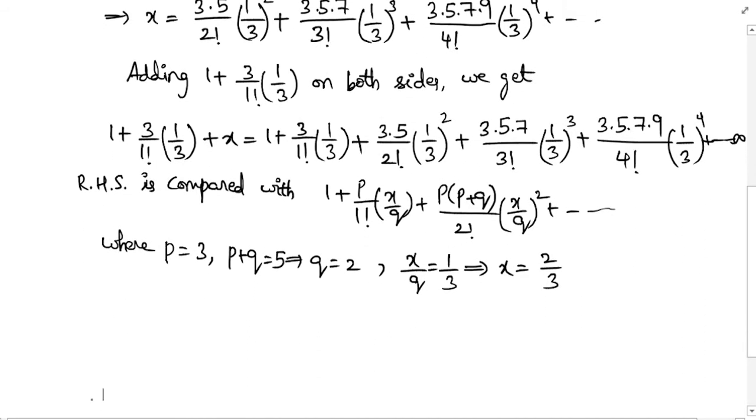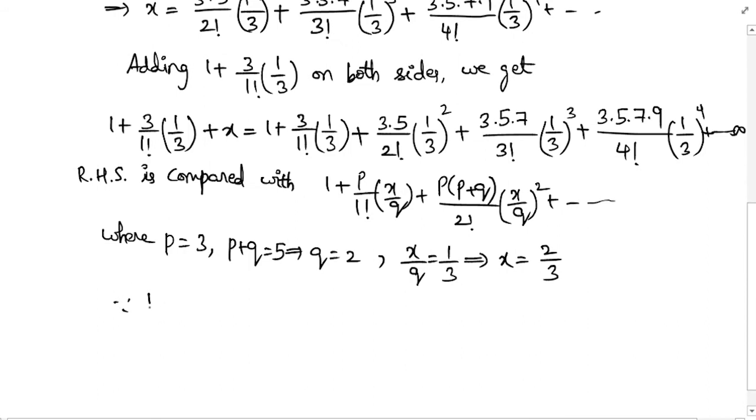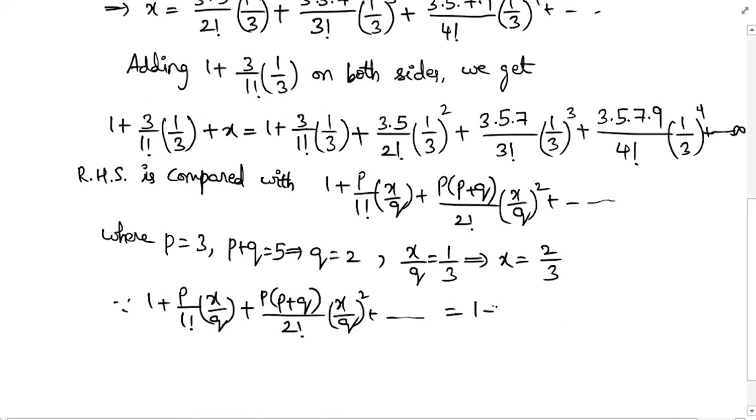Since we know that 1 plus p by 1 factorial into x by q plus p into p plus q divided by 2 factorial into (x by q) whole square plus so on is equal to (1 minus x) whole power minus p by q, therefore our series will be 1 plus 3 by 1 factorial into 1 by 3 plus x is equal to 1 minus our x, which is 2 by 3.